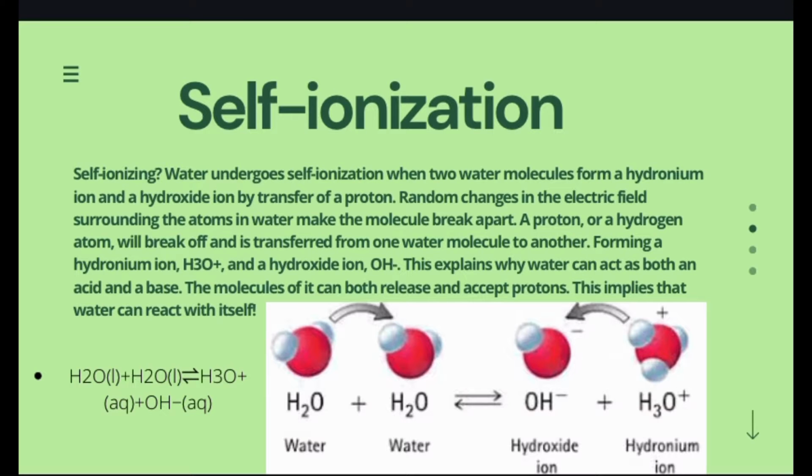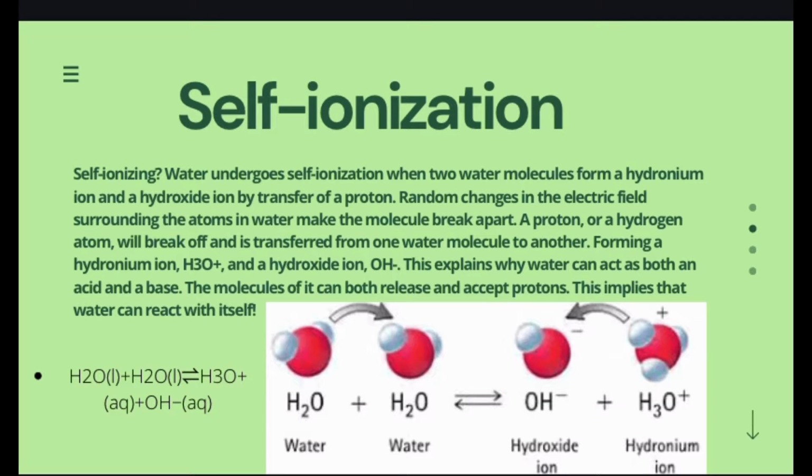Water is special because it can self-ionize. Water undergoes self-ionization when two water molecules form a hydronium ion and a hydroxide ion, like the one shown in the picture, and this happens by the transfer of a proton. Random changes in the electric fields surrounding the atoms in the H2O molecules make the molecule break apart.